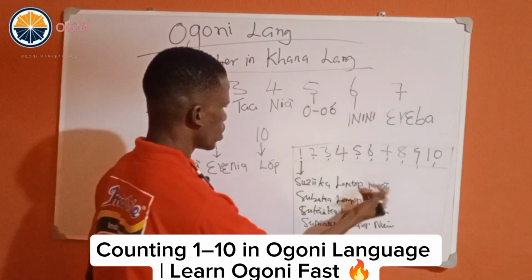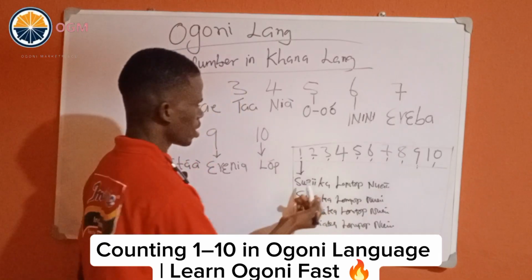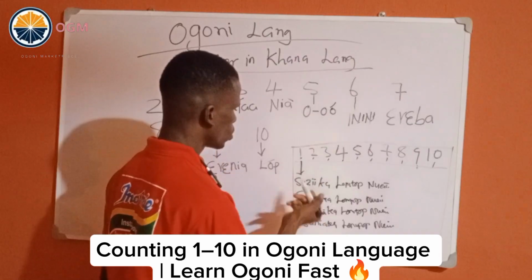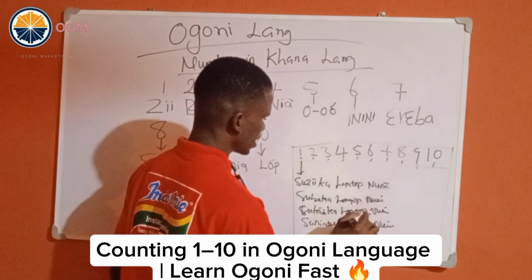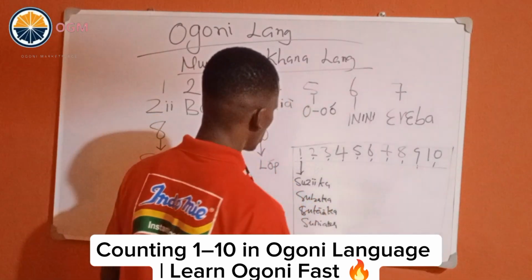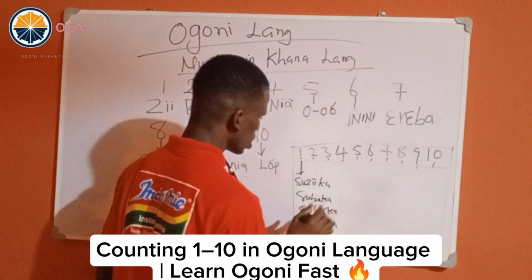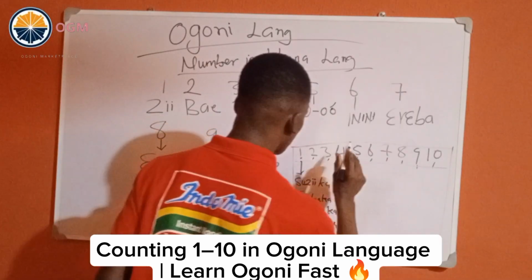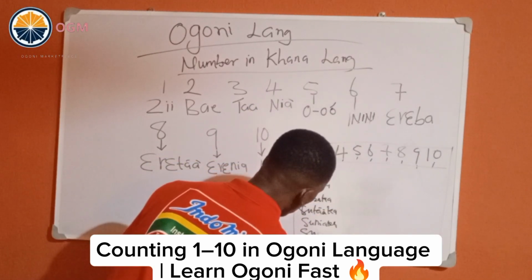So this is just a simple way of using numbers 1, 2, 3, 4. For instance, you want to say bring something for me, and that thing is just one, just single, suzinka. If it is 2, you call it subaika. If it is 3, sutaka. If it is 4, suniaka. If it is 5, it is suooka.